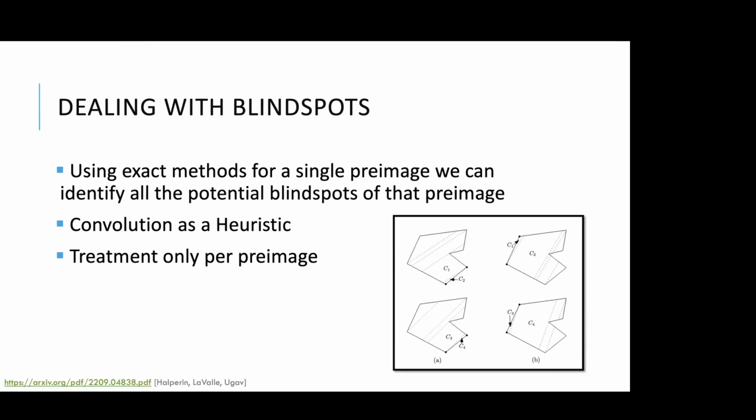We show a much simpler heuristic, which still gives us 100% accuracy and works, but is not guaranteed to be complete. And this is convolution, right? For every voxel in a single preimage, we also append all of its neighbors.